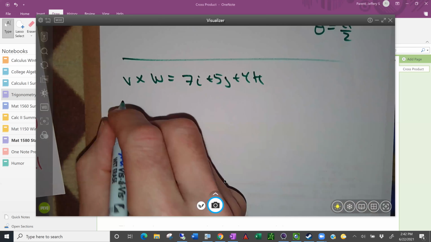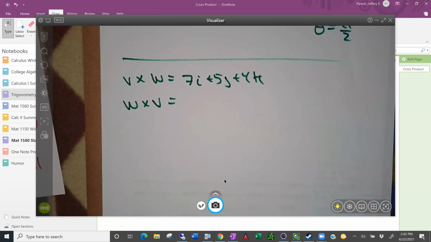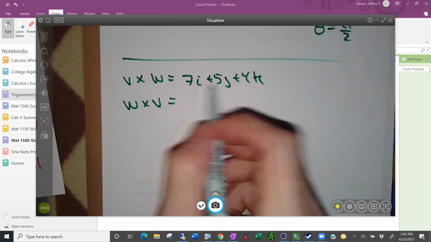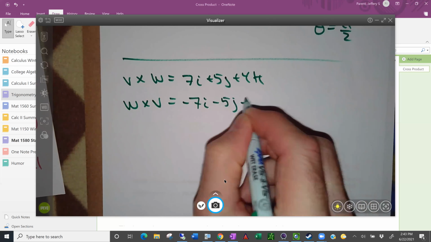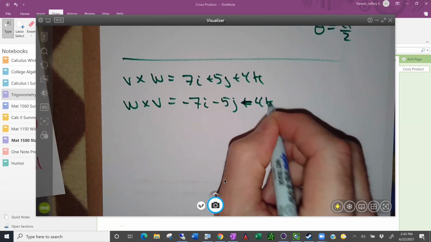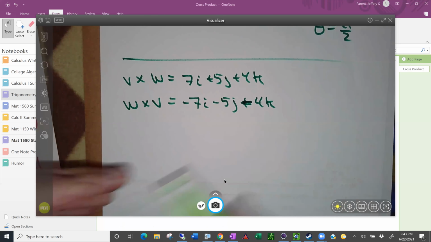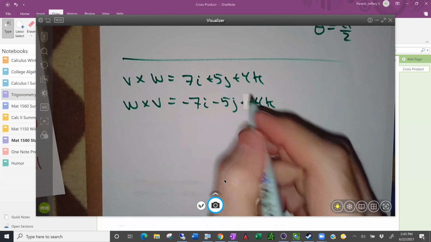If I did W cross V, I don't have to redo this calculation. What happens is it changes all these signs. I get -7i minus 5j minus 4k. It's just going to completely switch all the signs on these terms. And that's the only change you have to make. So there's no new work to do. That's the important thing.